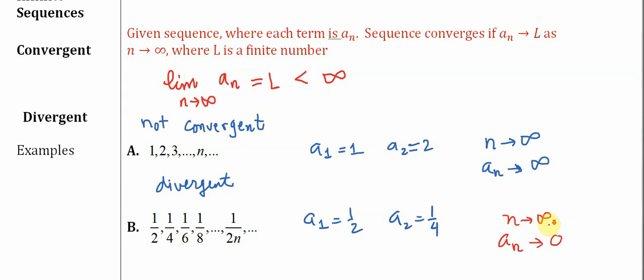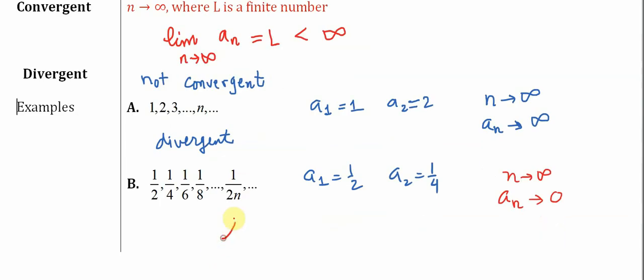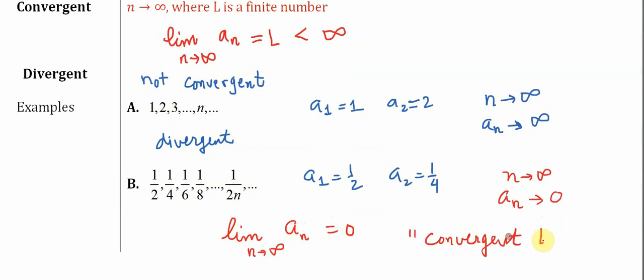Another way that we can express this is to say that in example B, the limit as n approaches infinity of a sub n is equal to 0. One more way to say this is that it is convergent to 0. Note that this sequence never actually reaches 0.